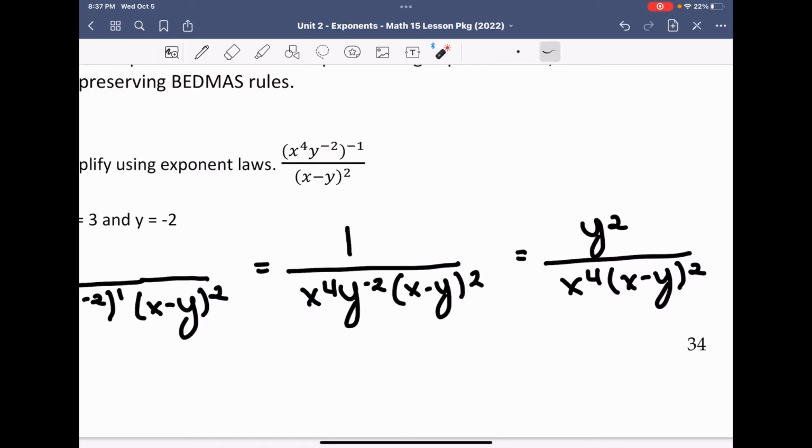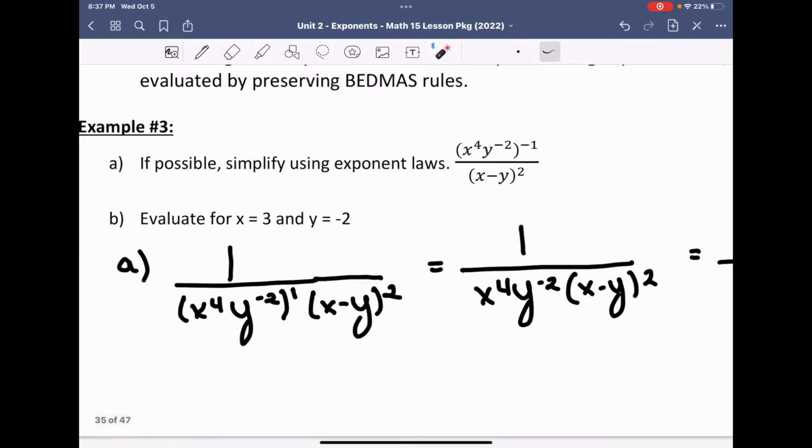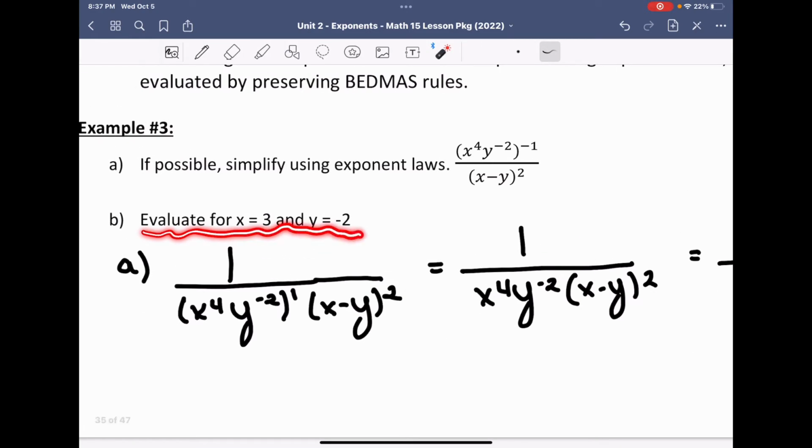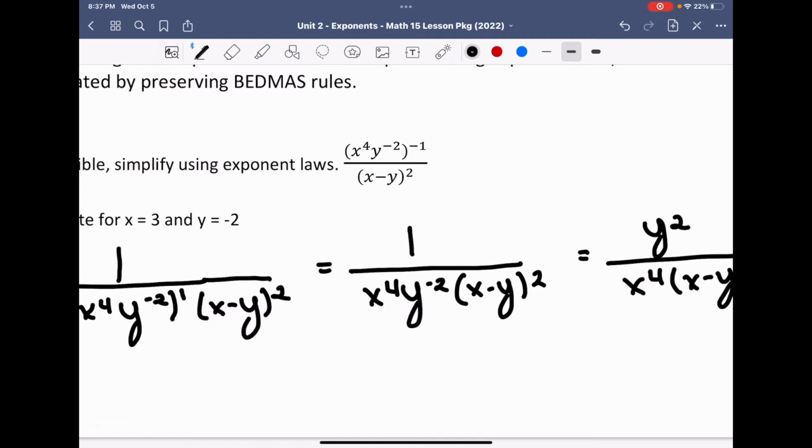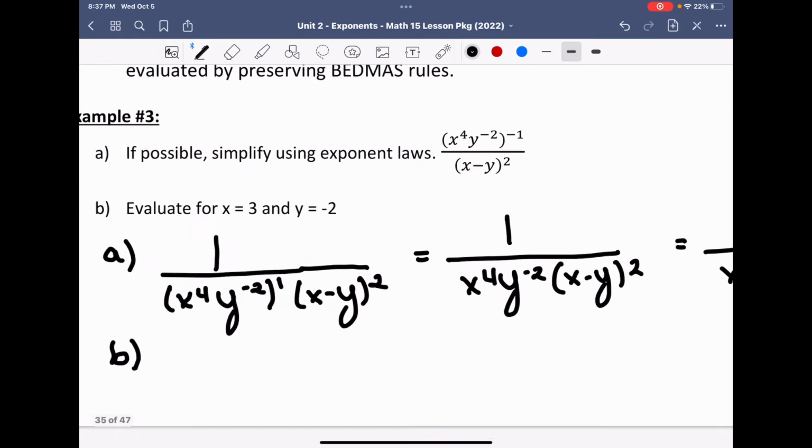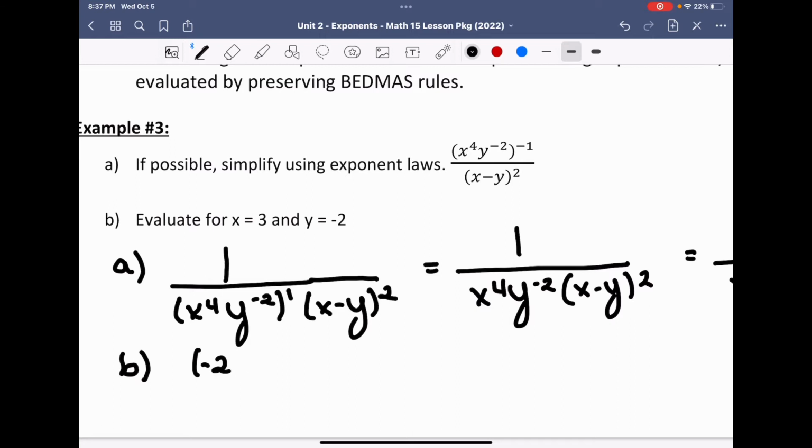Now, I want to take this expression and sub in for my part B, x equals 3, y equals negative 2. So for B, I'm going to take that simplified expression we found on the right here and say, okay, y squared, in this case, is negative 2 squared, all over x to the power of 4, which is 3 to the power of 4, times x, which is 3, minus a negative 2, which is y, and squared.